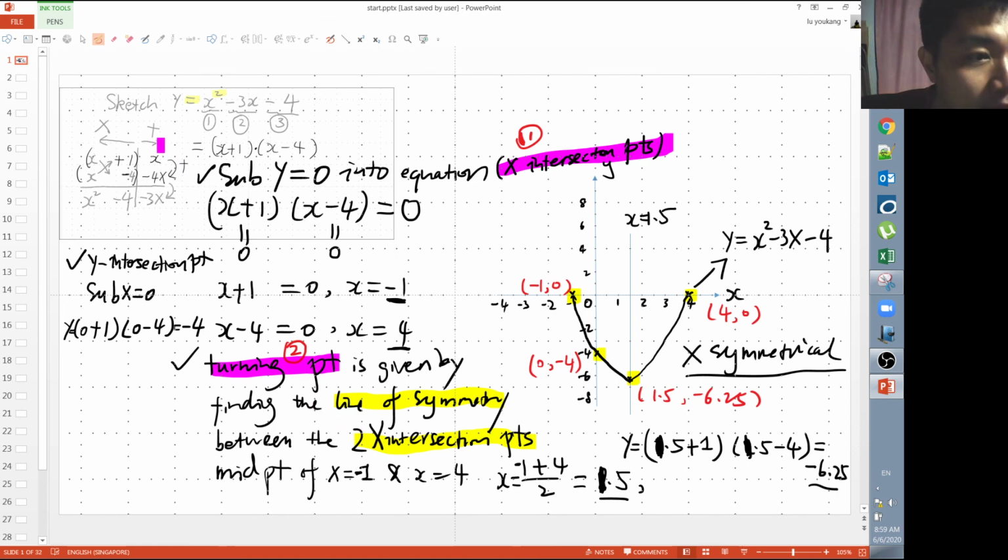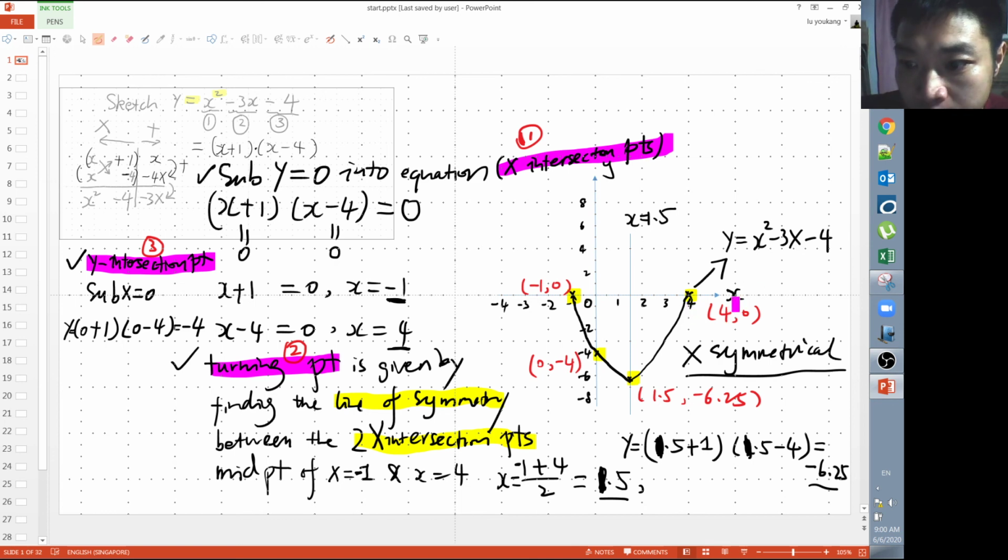Okay, and the third step is y intersection point. Okay, so these are the three steps to find out all the points you need to sketch your curve. All right, so we have a complete curve.